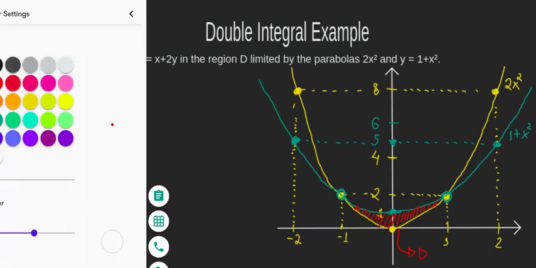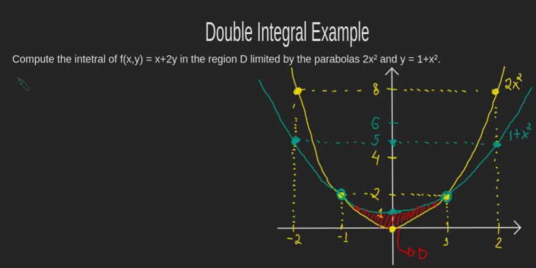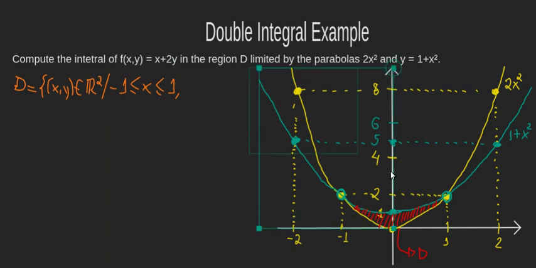So D is equal to the set of all x and y points belonging to R squared, the plane, such that x is ranging from -1 to 1, and y is, let me just resize this picture here in order to gain more space.